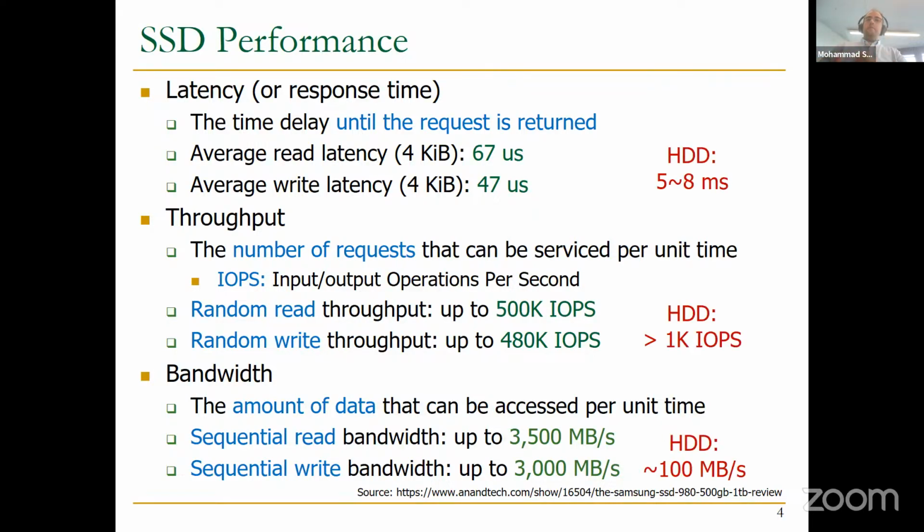When you compare these numbers to hard disk drives, you can see significant improvement in SSDs. The latency for accessing data in a hard disk drive is between 5 to 8 milliseconds. The throughput is bigger than 1,000 IOPS, but you can see about two orders of magnitude higher throughput for SSD, and the same thing for bandwidth.